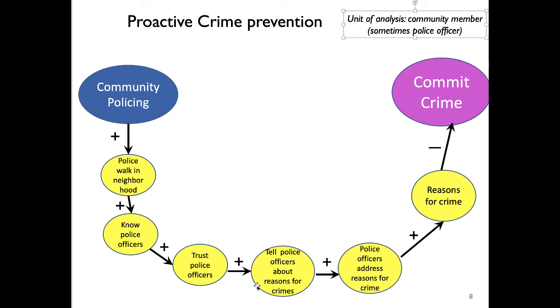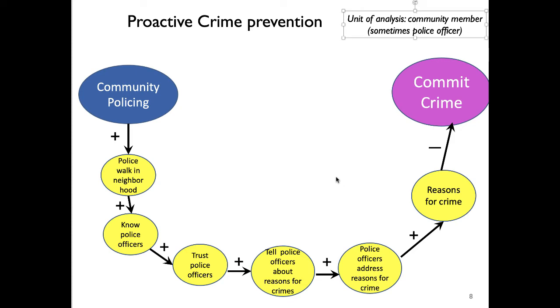What's going on with the people committing the crimes? What are their problems? What are they angry about? Why don't they have any income? What is going on? And if the police officers know about them, they can address the reasons for crime, and then the people in the community have fewer reasons to commit them.